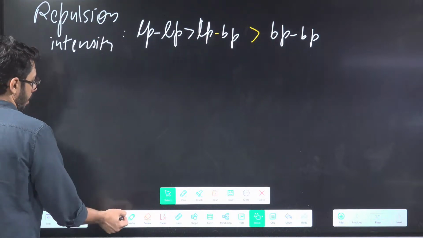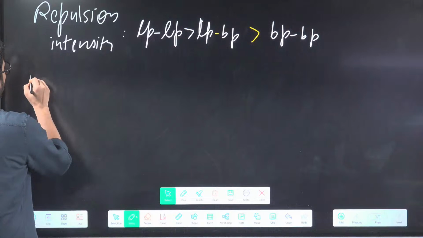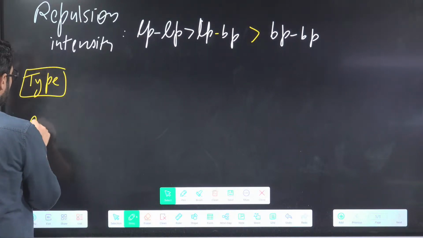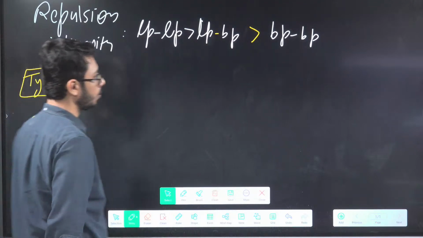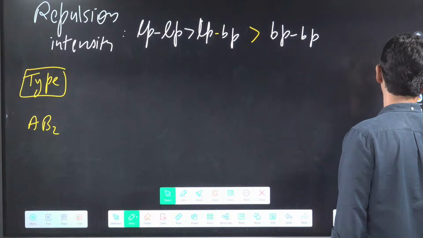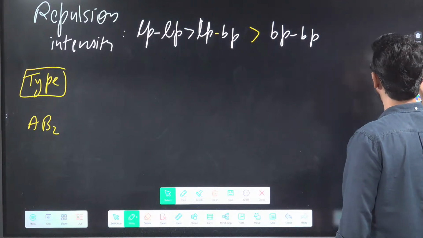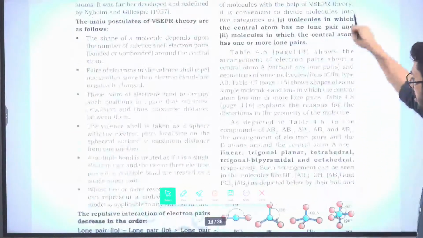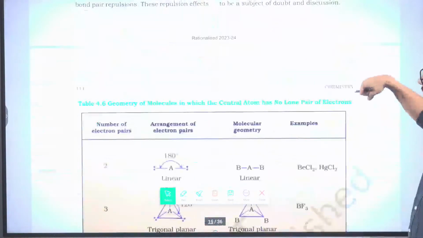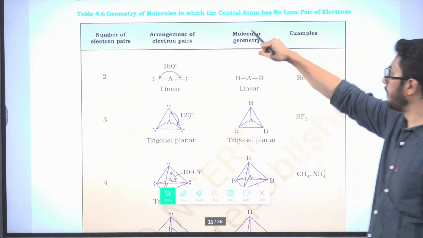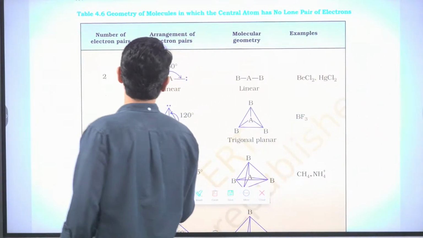Then here the important part is the structure types in VSEPR. First is given on the other page, AB2 type. On page 114 it is given, geometry of molecules in which the central atom has no lone pairs.